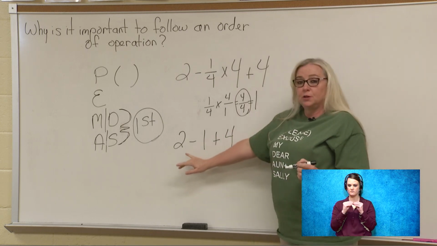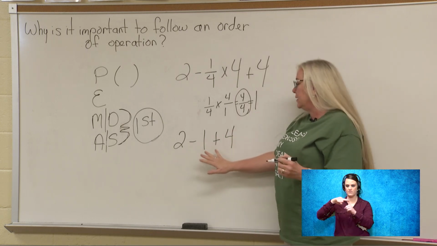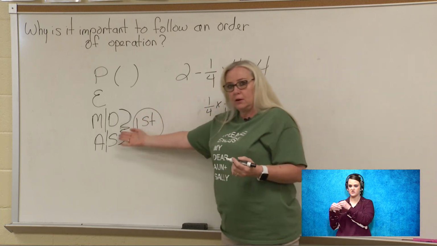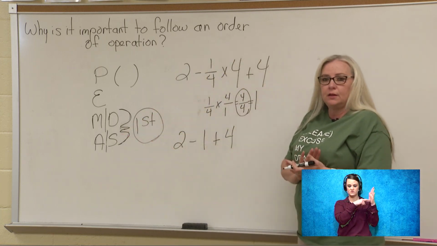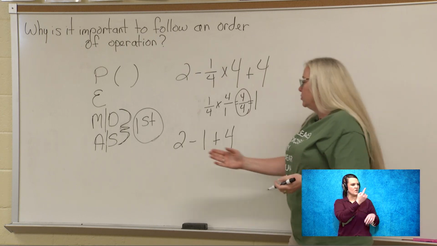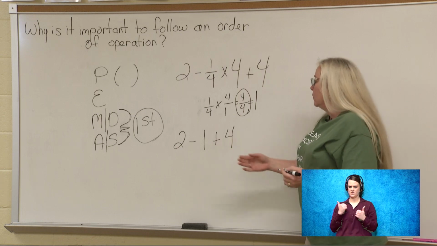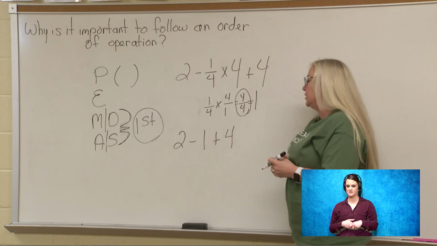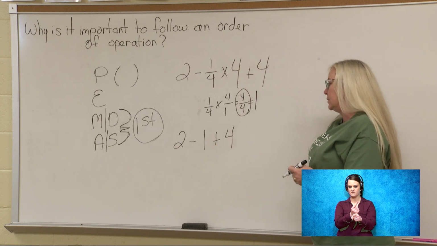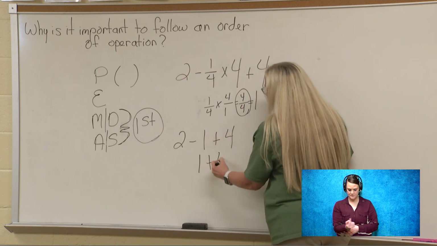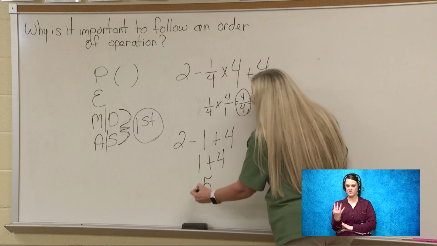So now I'm looking at subtraction and addition. Once again, go back to your hierarchy. Which one in that equation comes first? Do we subtract or do we add? Which one comes first? Subtraction comes first, so I have to subtract. 2 minus 1 is 1 plus 4 equals 5.